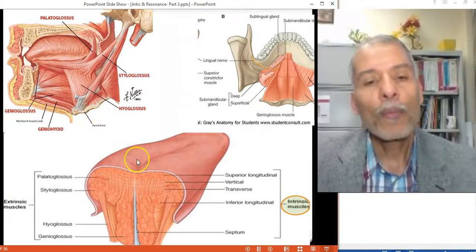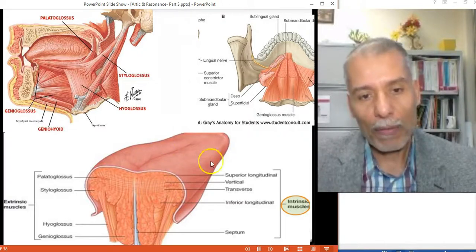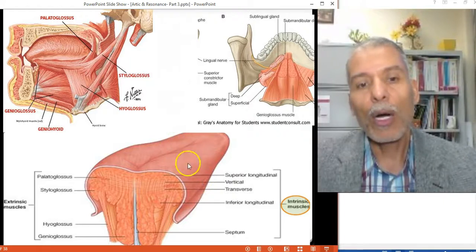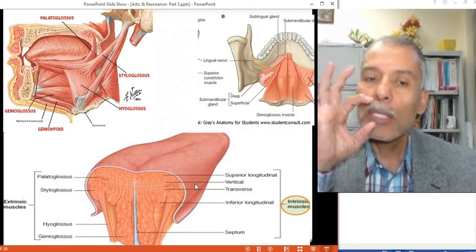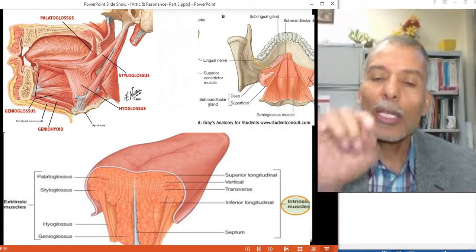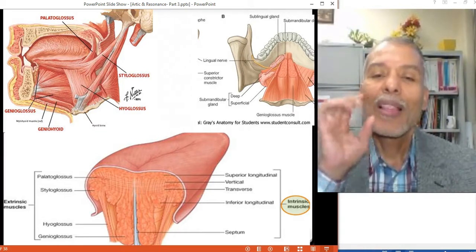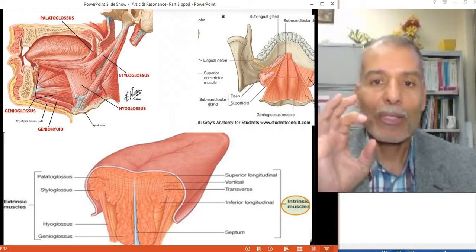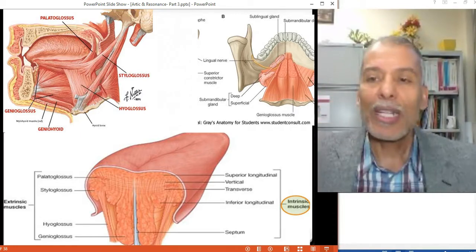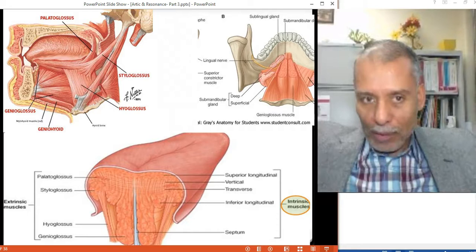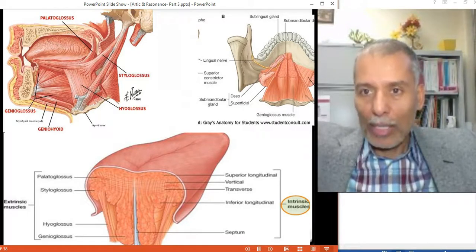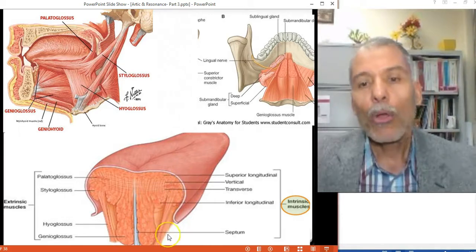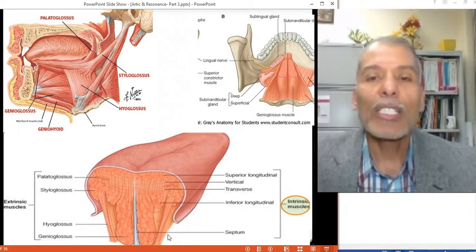You can see now, here is the tongue itself, the muscles of the tongue here. We call the muscles of the tongue that make the tongue piece itself, that you can kind of stick out like that, intrinsic tongue muscles. The muscles that come from somewhere else, originate somewhere else, and insert onto these intrinsic tongue muscles, we call extrinsic tongue muscles.